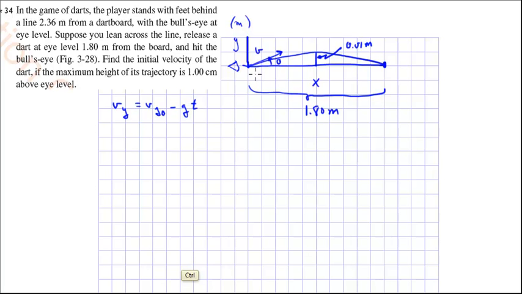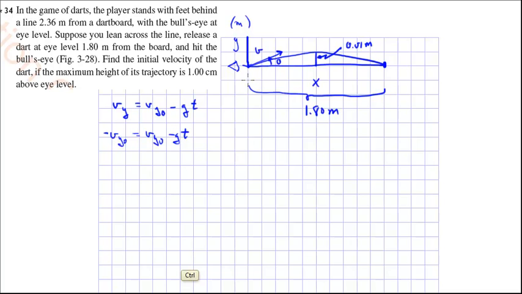Now I know that the beginning y velocity is going to be the negative of the ending y velocity. So I can use that fact to put minus Vy0 on the left side equals Vy0 minus gt.